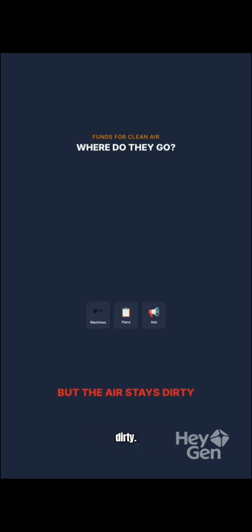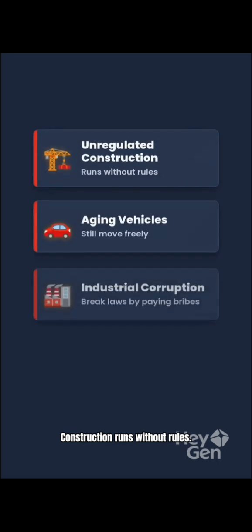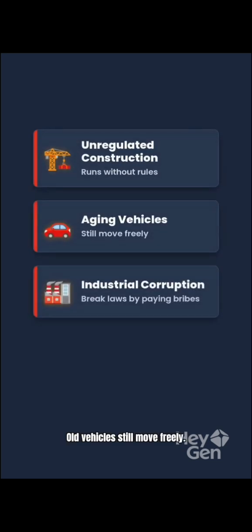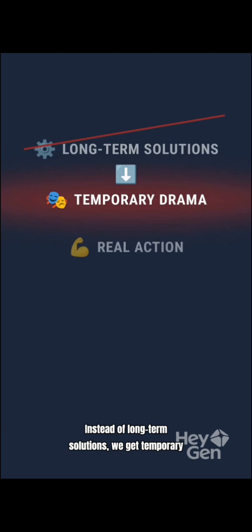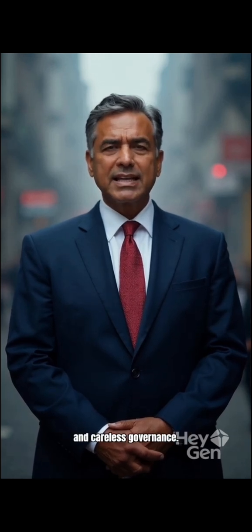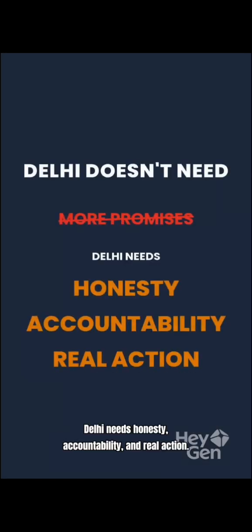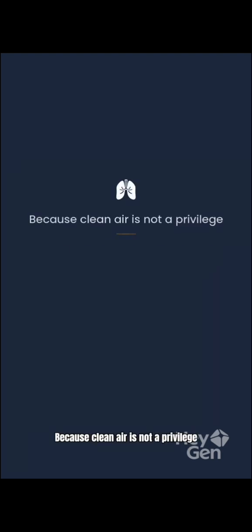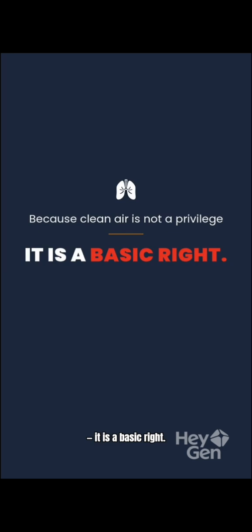But the air stays dirty. Construction runs without rules. Old vehicles still move freely. Industries break laws by paying bribes. Instead of long-term solutions, we get temporary drama. Instead of action, we get speeches. Pollution is not an accident. It is the result of corrupt politics and careless governance. Delhi doesn't need more promises. Delhi needs honesty, accountability, and real action. Because clean air is not a privilege, it is a basic right.